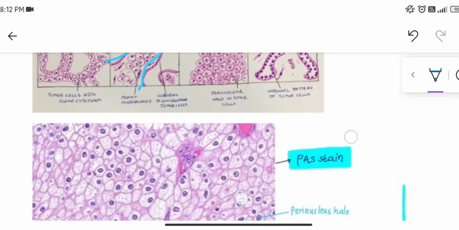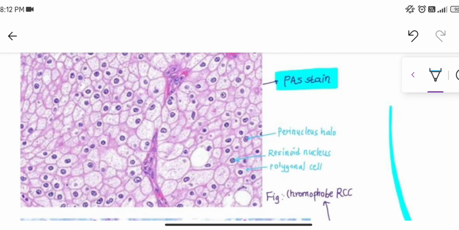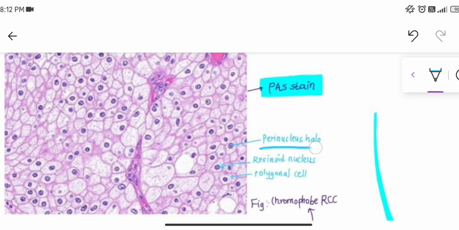Now next will be the chromophobe renal cell carcinoma. In this, a very important feature is the perinuclear halo: a space is present around the nucleus, and the nucleus looks wrinkled like a raisin, so it is also known as a raisinoid nucleus.